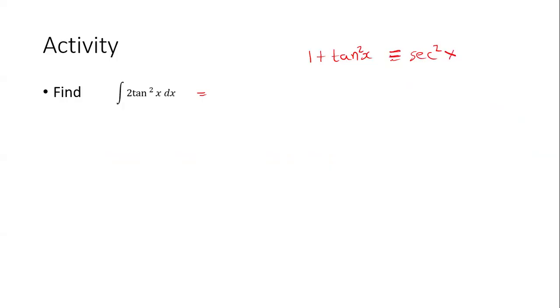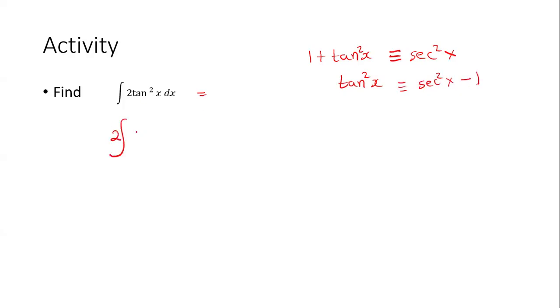In good books, you'll find them using equivalent, not equals, but it doesn't matter a lot. Since we want tan squared, tan squared x is equivalent to sec squared x minus 1. So I come here and this is the integral.